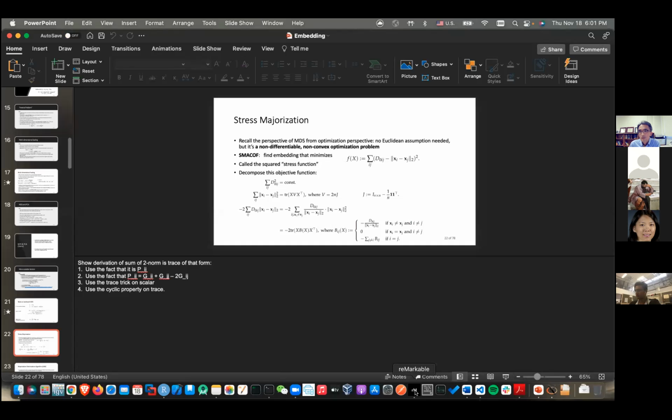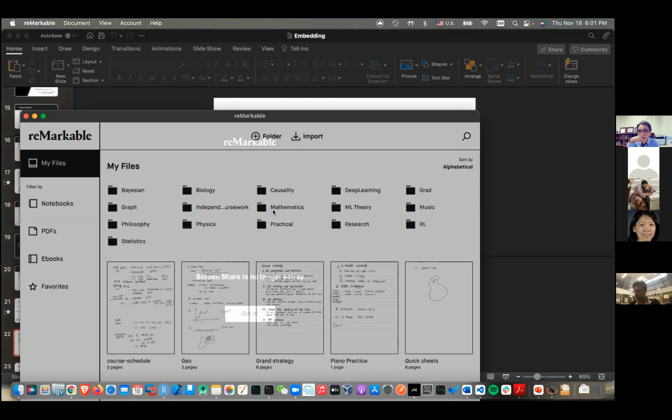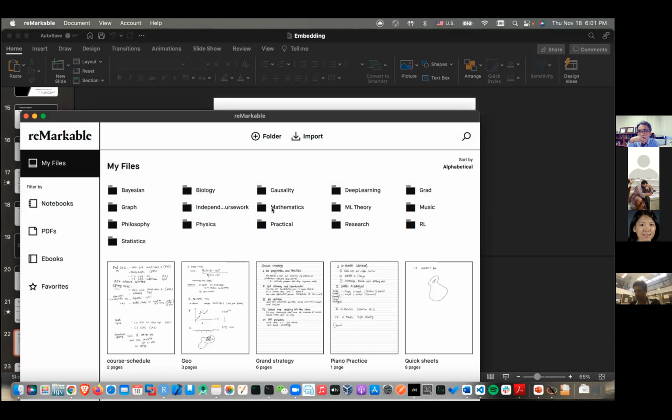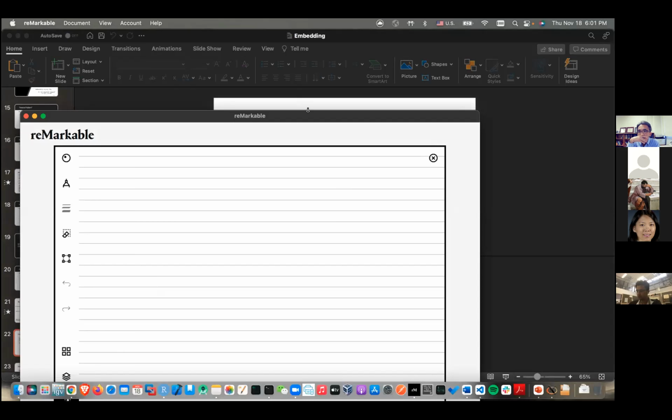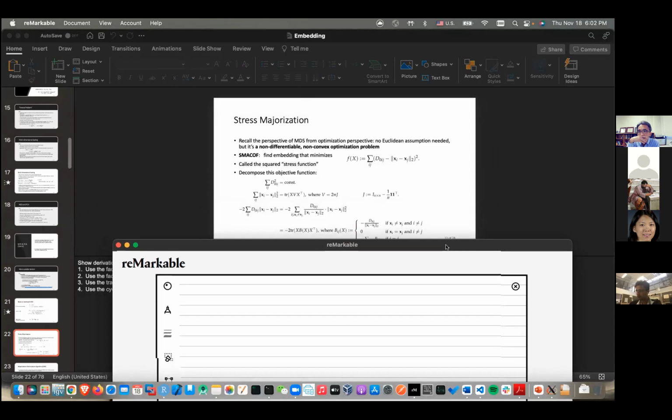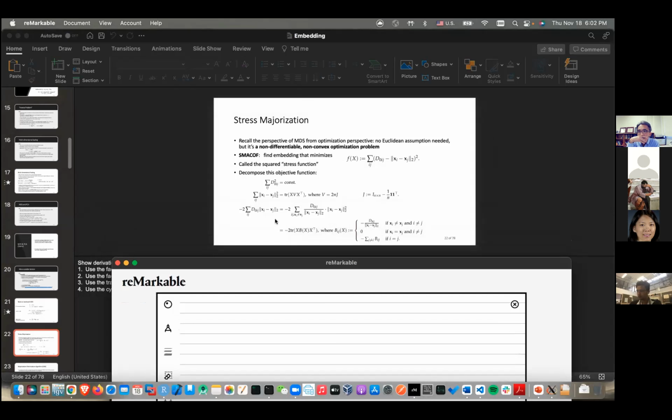So let me try to derive this one again. What we have here is -2, sum over ij with xi not equals xj, d_ij over the 2 norm of xi minus xj, times the 2 norm squared of xi minus xj.